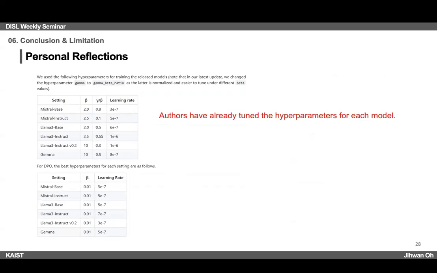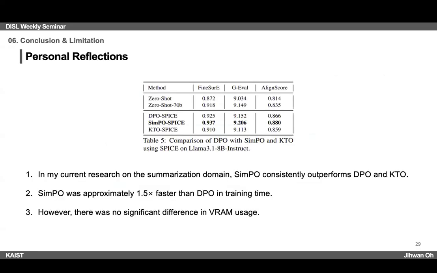Especially, the authors have already tuned the hyperparameters for three representative models: Mistral, Llama, and Gemma. Therefore, we don't need to tune hyperparameters ourselves, such as beta, gamma, and learning rate. So, using this setting, I experimented on my current research, which is faithfulness alignment in the summarization domain. This table shows the performance comparison among the zero-shot and trained models.